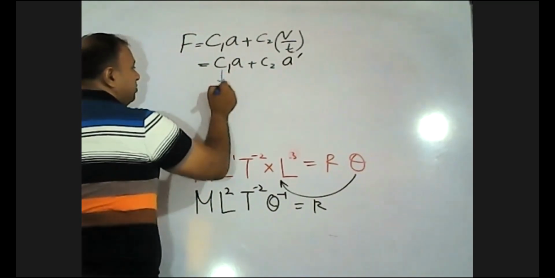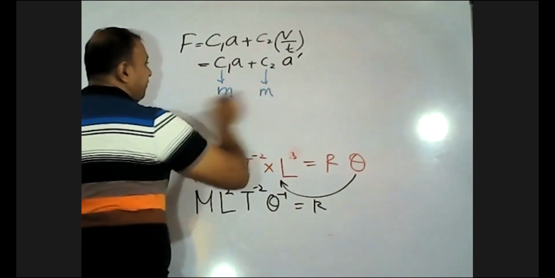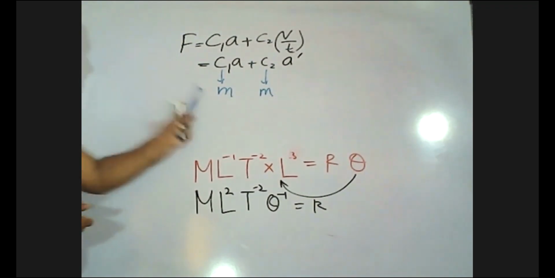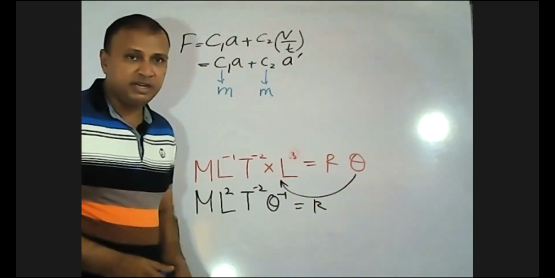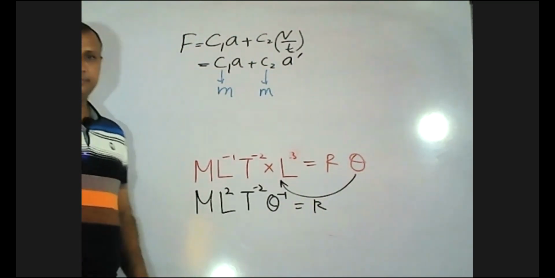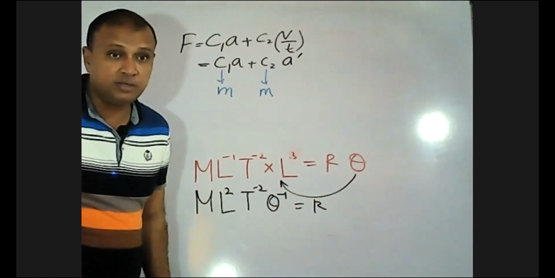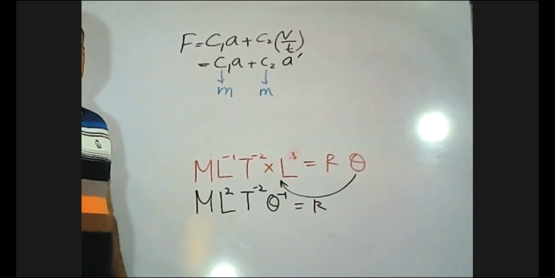Both should be masses. Therefore, if I take the ratio between these two, the ratio should be 1. Sorry, 1 means no dimension.